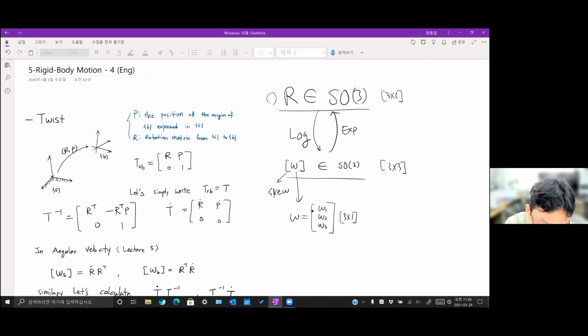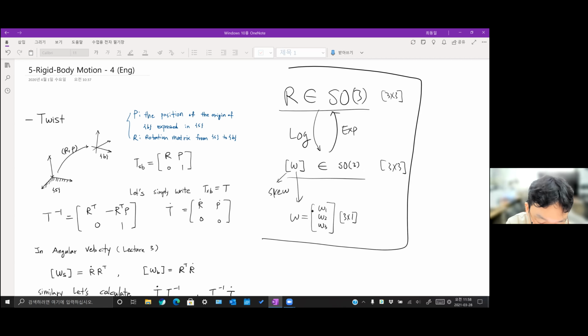So this concept describes the orientation. Basically, this information and this information and this information have the same information about orientation.